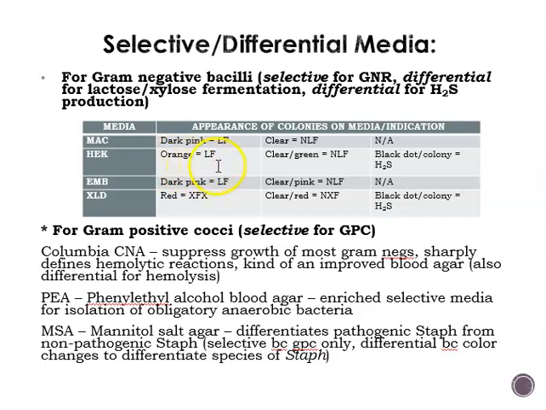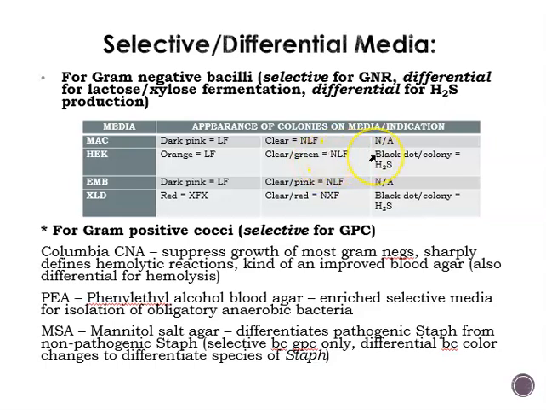Lactose fermenters, meaning that the organism that has been inoculated to the plate is able to utilize the lactose in the media, and it produces a color change so that the colonies turn orange. Non-lactose fermenters do not utilize the sugar, so there's no color change, and the colonies stay that clear green color.